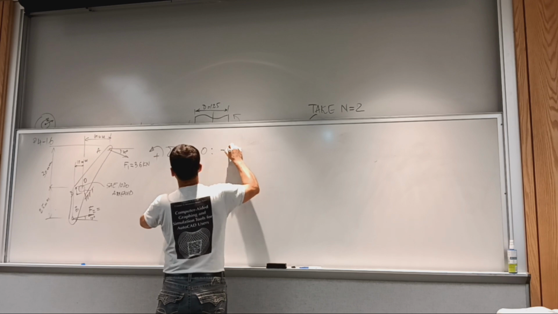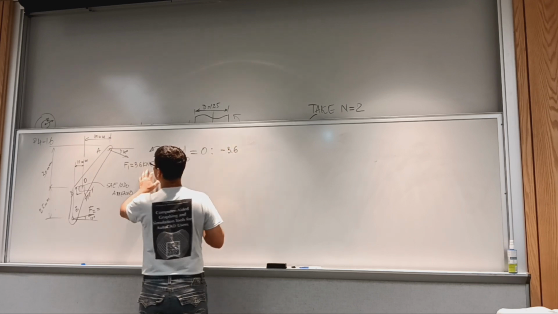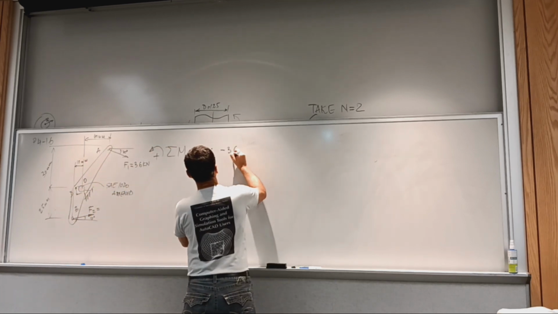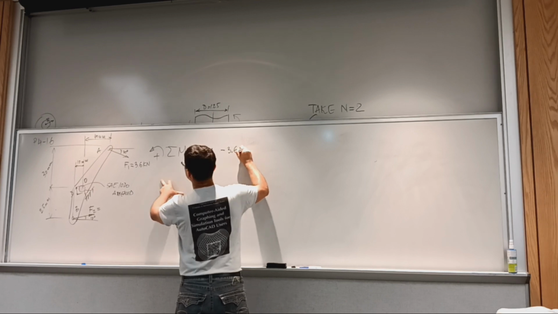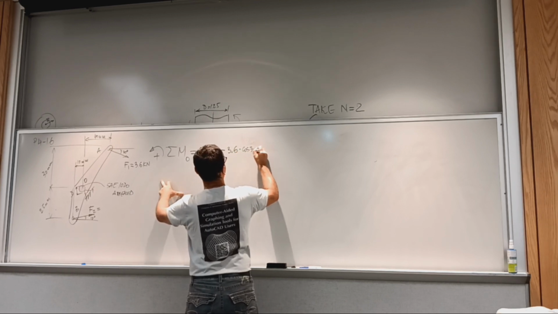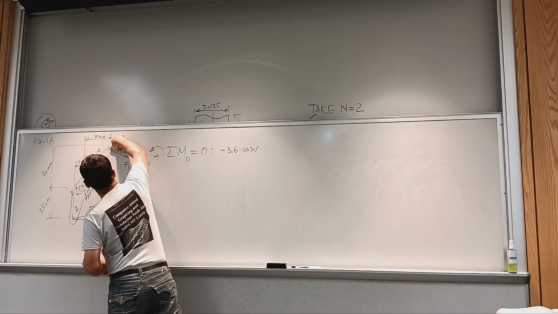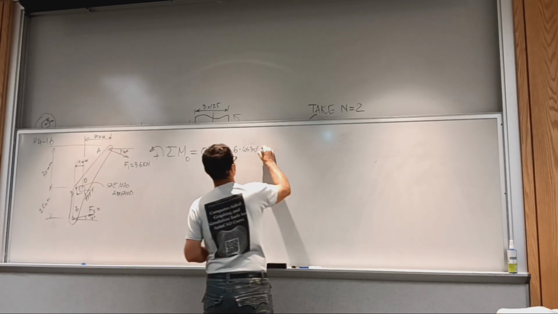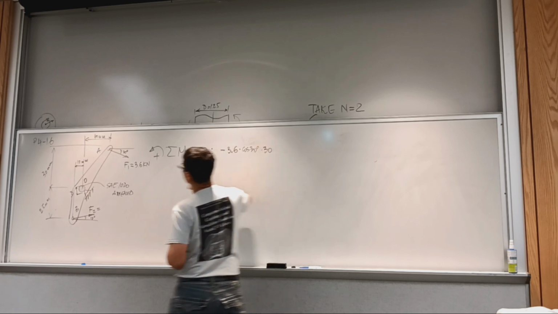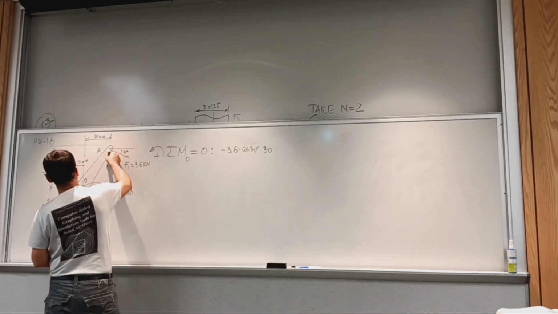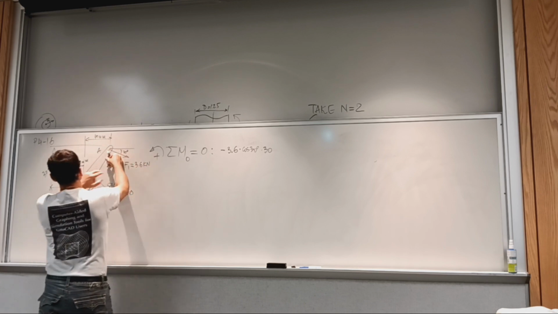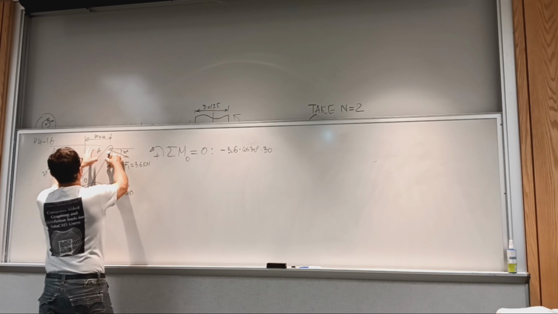So I have 3.6. We work with kilonewtons and millimeters just to get the moment, and then we can switch to newton millimeters. So 3.6 times cosine of 30 degrees gets you the horizontal component. And the arm of the horizontal component is 30 millimeters. The vertical component likewise produces a negative moment according to this convention, and the arm of the force is 40.